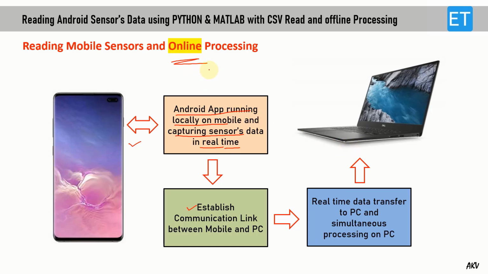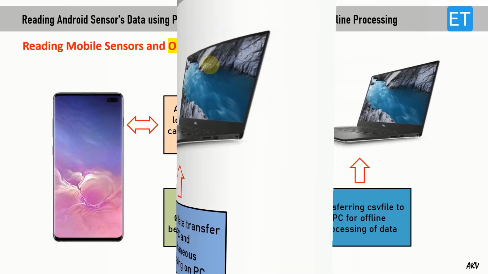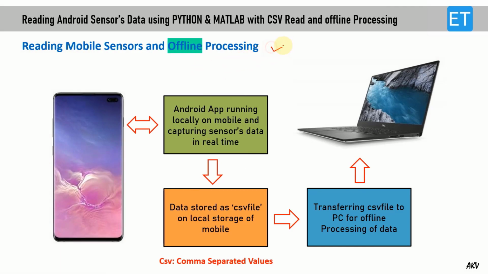So that is our overall online processing, and this is the offline processing where the locally running Android app is capturing the sensors data. And what does it do? It stores all the captured data as a CSV file locally in the memory of the mobile phone.